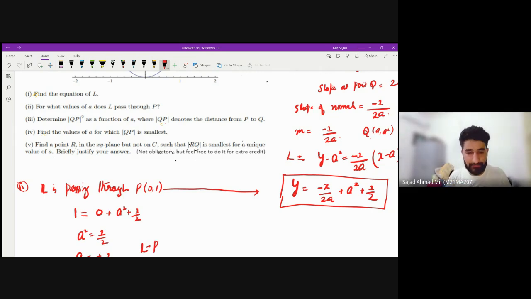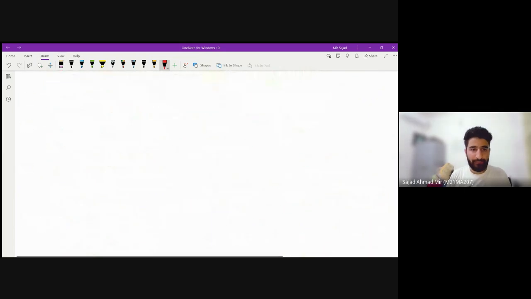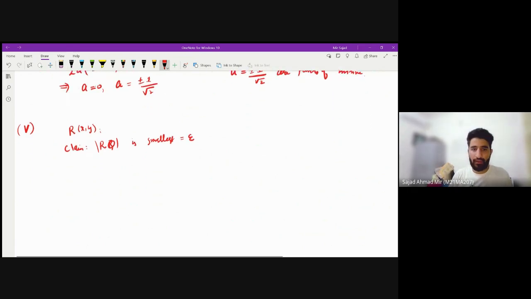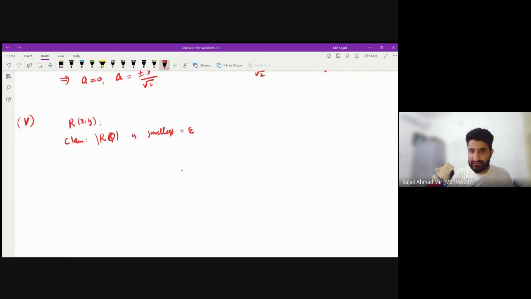So let's assume that we have a point R in the xy plane with some coordinates x comma y. If I claim that the distance from R to Q is smallest, let's say with the magnitude of epsilon, then does such a point exist?